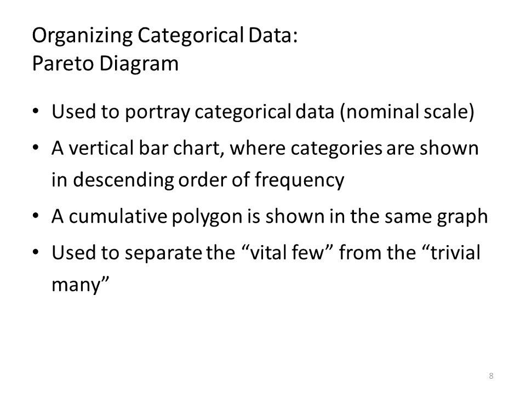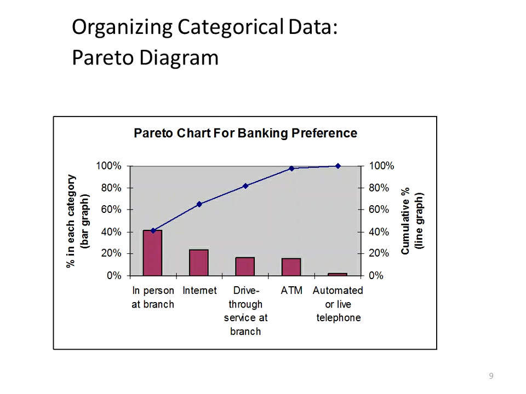On top of this, a cumulative polygon is shown in the same graph, where you start adding the frequencies from the first one to the next, giving you an upward sloping line. We use this to separate the vital few from the trivial many, and it looks like this.